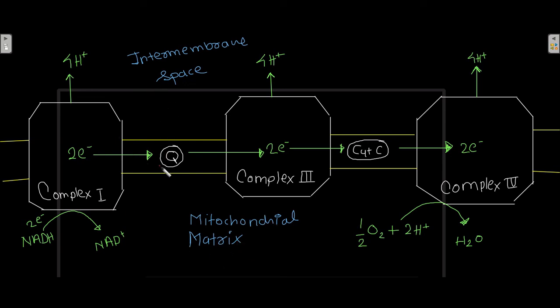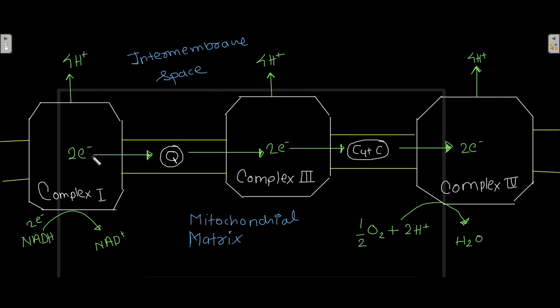Now from this coenzyme Q, those 2 electrons go to complex 3, and from that to cytochrome C. In this process also 4 protons are pumped from the mitochondrial matrix to the intermembrane space. From this cytochrome C, the 2 electrons come into complex 4, where they reduce molecular oxygen and there is formation of water, and in this reaction protons are again transported from the mitochondrial matrix into the intermembrane space.